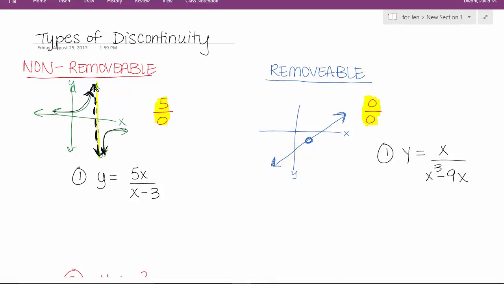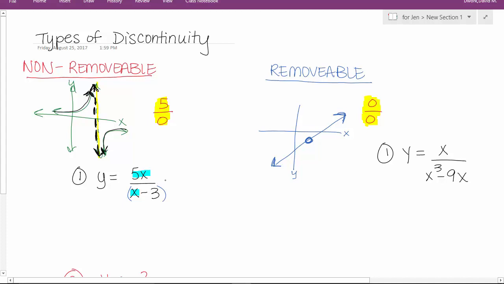So my first example for you for non-removable discontinuity is y equals the function 5x over the quantity x minus 3. I cannot physically touch those x values and reduce them in any way algebraically because the x minus 3 is part of that binomial in the denominator, so I certainly don't want to do anything algebraically that would not be legal.